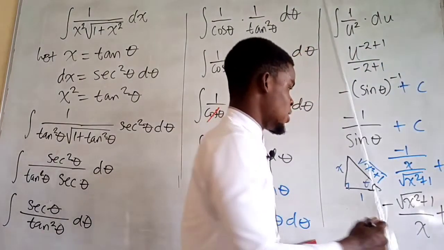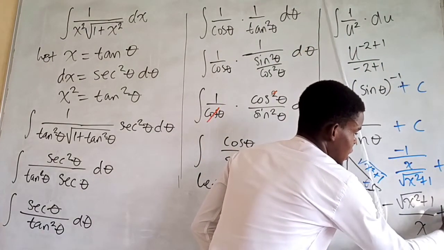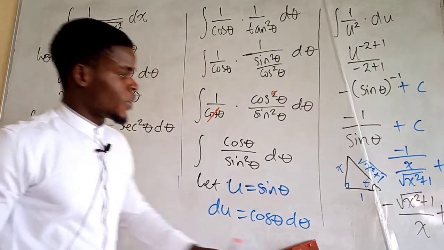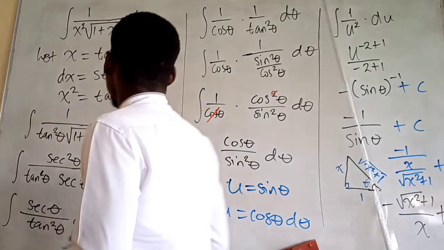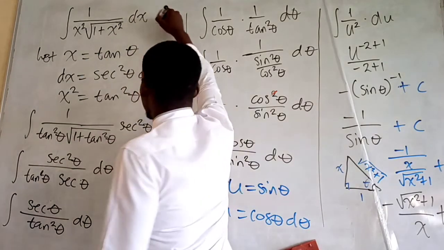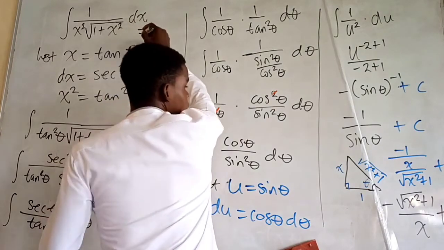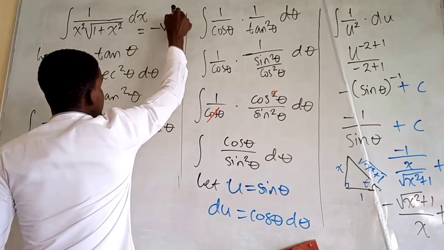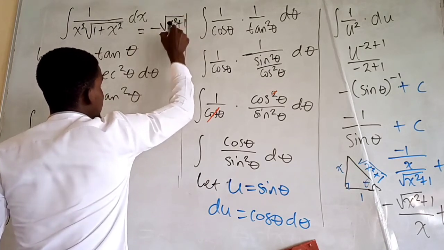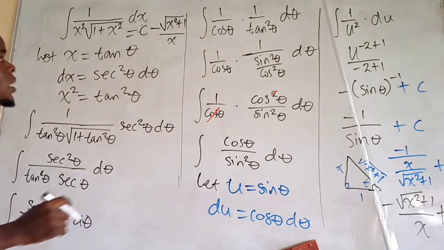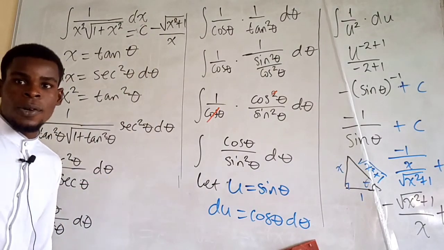That is the antiderivative of the given function in terms of x. So let me write it properly: this is equal to negative the square root of x squared plus 1 divided by x, plus c. Okay, thanks for watching.